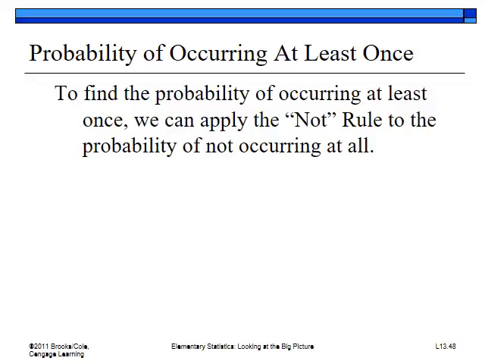Here's another example. To find the probability of something occurring at least once, we can use the not rule to replace that probability with something easier.